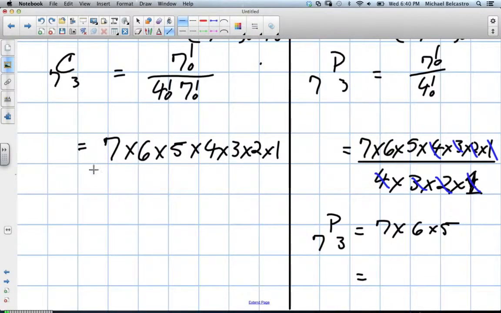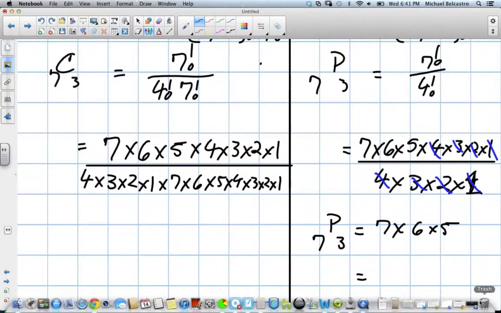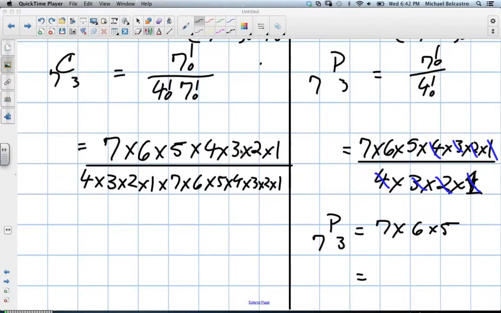Or in this one here, we've done 7 factorial. Now what we have here is 4 and 7 factorial. So what those mean are 4 by 3 by 2 by 1 by, again, 7, 6, 5, 4, 3, 2, 1. Okay, and I just want to quickly take a look at something because I knew this wasn't right.